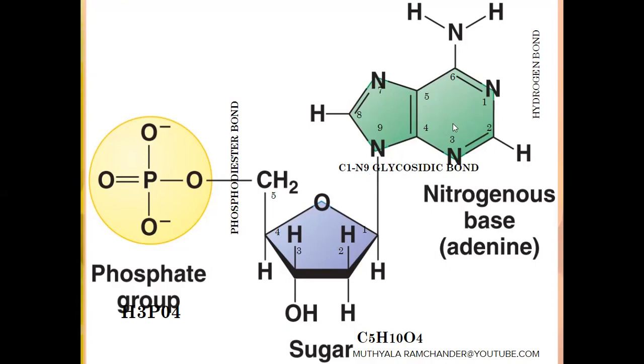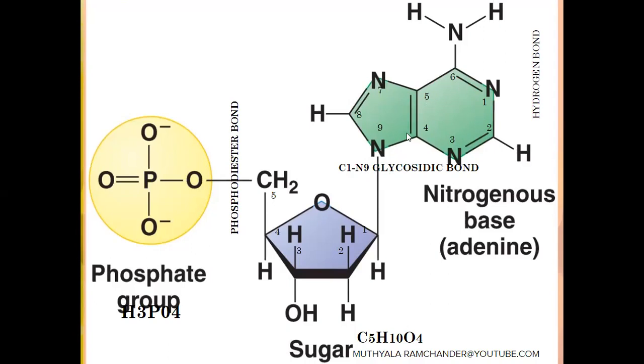If we observe pyrimidines and purines, purines are double ring-like structures. They are also called nitrogenous bases. The double ring-like structures are purines, adenine and guanine. Here in this diagram is adenine. Adenine contains one benzene ring and another pentagon ring.